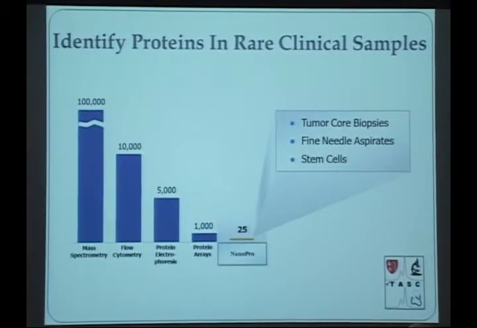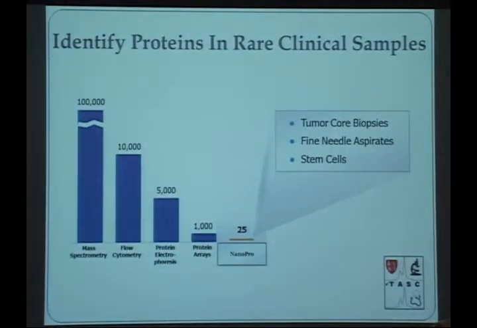But with the NanoPro assay, you can really go down to 25 cells, and that's a really small number. For someone doing clinical work, where samples are extremely rare and precious because they're fine needle aspirates or biopsies from tumors, you just don't get more than what you have. This becomes a very beneficial technology for analyzing very small numbers of proteins.